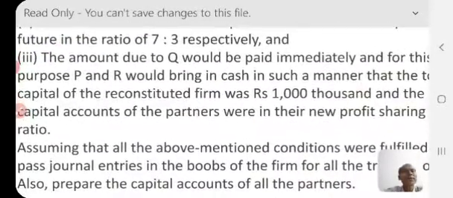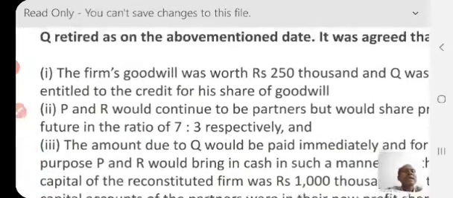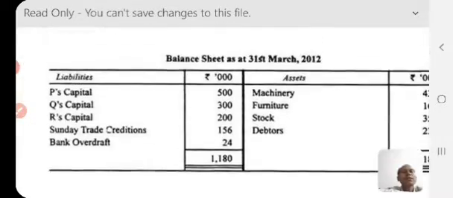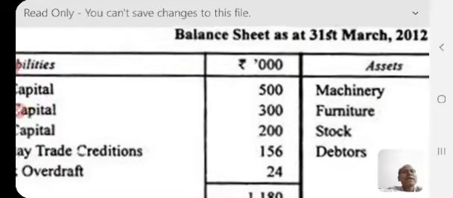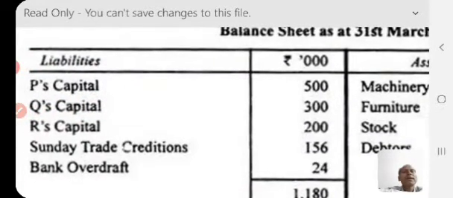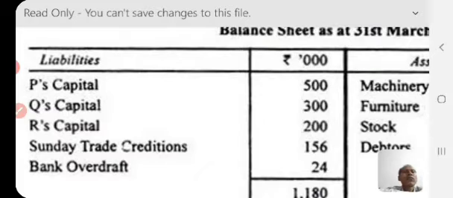For this purpose, P and R should bring the cash. In what way? By adjusting the capitals. What is the capital now? See the capital. Present capital is 500, 300, 200, total 1,000 thousands.